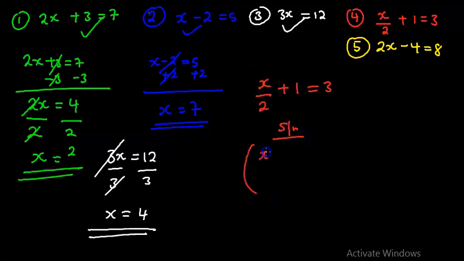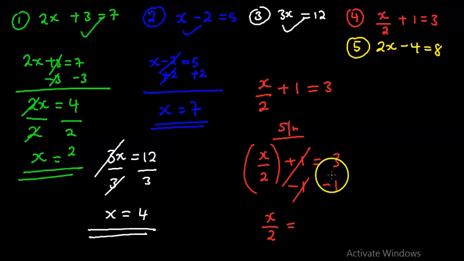Let's say bracket x divided by 2 plus 1, which equals 3. If this is positive, we said we are going to deduct 1 from both sides. Here we're going to have negative 1, negative 1. This will cancel out. We're going to have x divided by 2, which is going to be 3 minus 1, which is simply going to be 2.